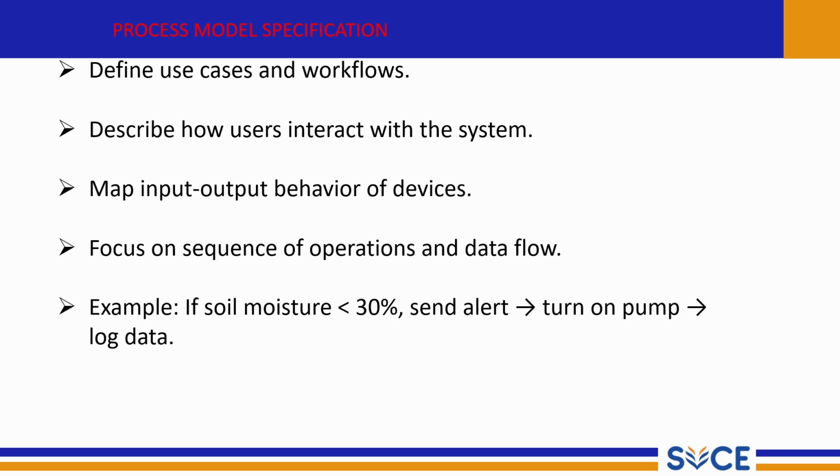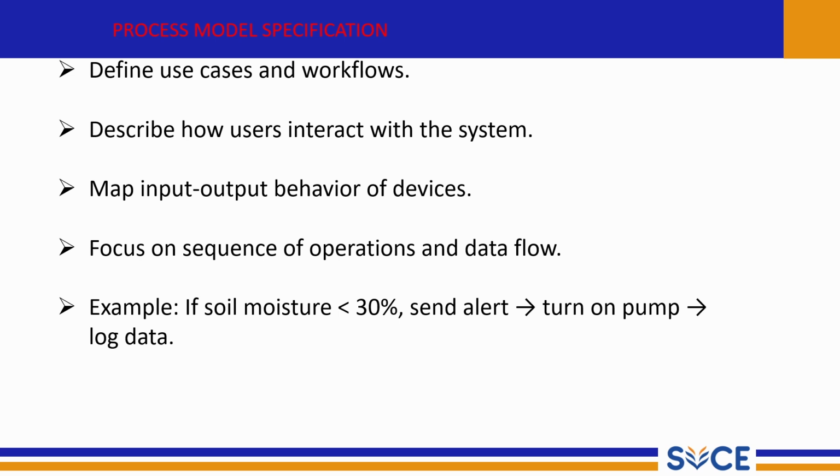We define the use cases and workflows, describe how the user interacts with the system, map the input-output behavior of the devices, and focus on the sequence of operations and data flows. For example, if the soil moisture is less than 30%, we send an alert to turn on a pump, and this can be stored in the log data.